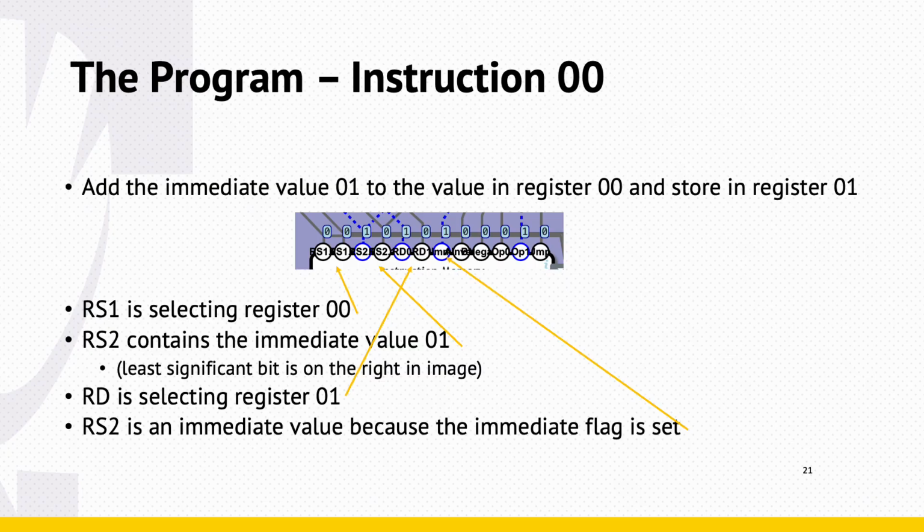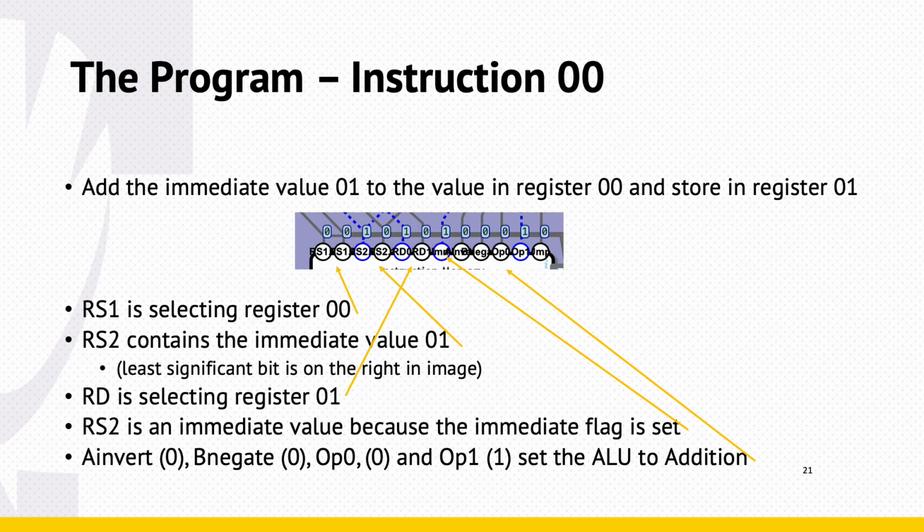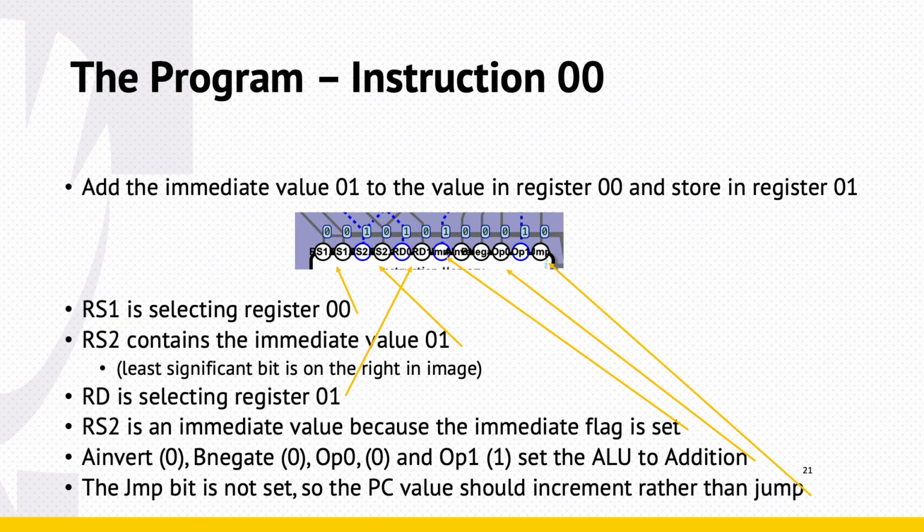And then we have the immediate flag, which tells us that the value in RS2 should be understood as an immediate value, a raw value, not a value that is going to be used to select a register. We have set up our ALU for addition. And we do not have the jump bit set because we are not going to be doing any sort of a jump here. We're just going to increment our program counter after we are done with this instruction.